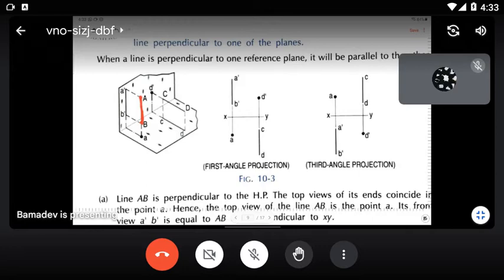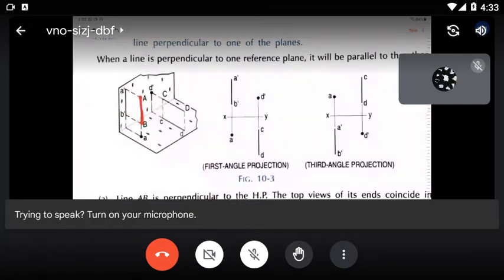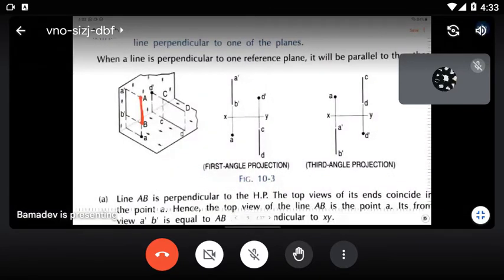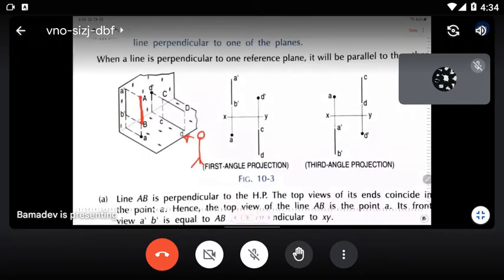Horizontal plane. So when you draw the front view, you will stand here and observe in this direction. What will you see? You will see the exact length, and it will be your front view.